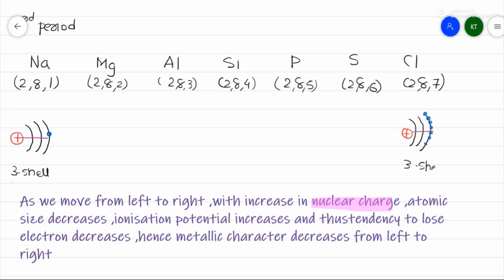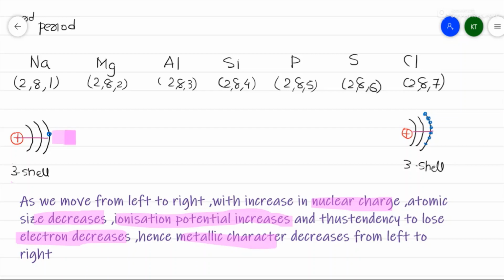So the number of shells is not increasing, but the nuclear charge becomes the dominant factor. As a result of this, the size of an atom decreases. As the size of an atom decreases, ionization potential will increase because electrons will be tightly held. So my tendency to lose electron will decrease. Hence metallic character will decrease.